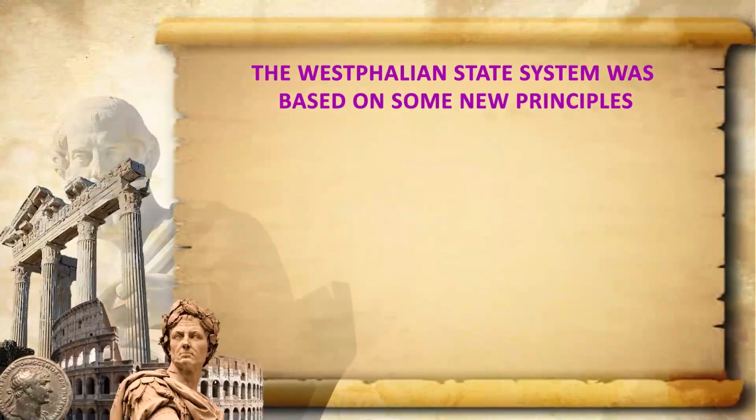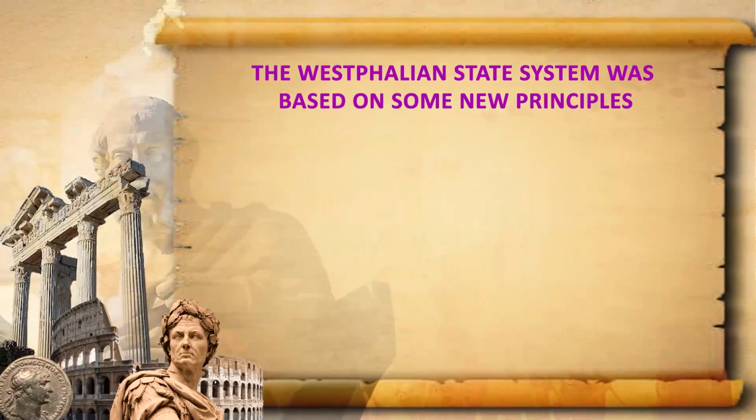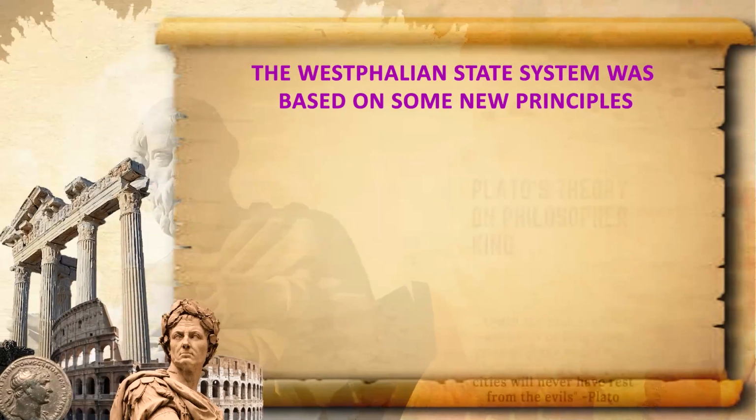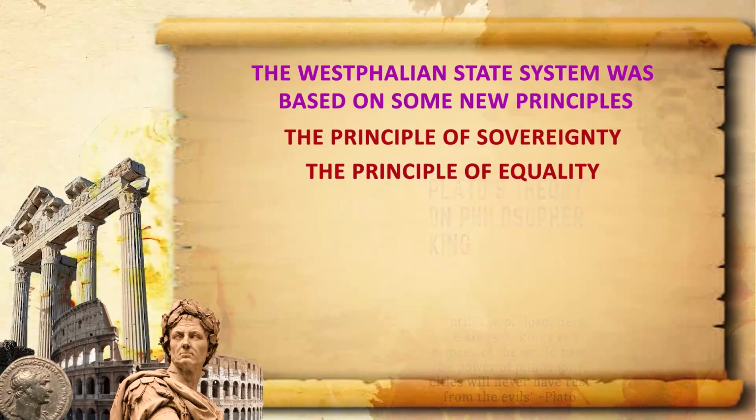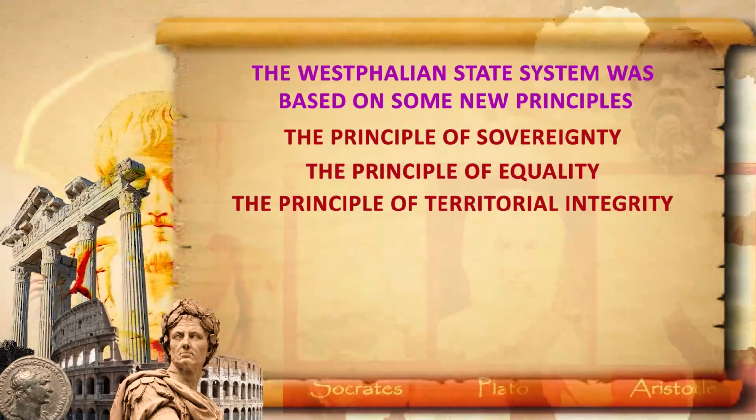That's why this treaty gave rise to a new state system, the Westphalian state system. The Westphalian state system was based on some new principles: the principle of sovereignty, the principle of equality, the principle of territorial integrity, and the equal rights and obligations of the state. All these principles were adopted in the treaty.